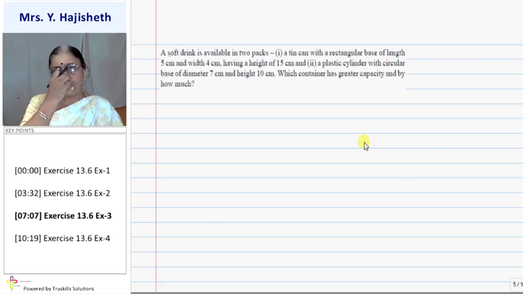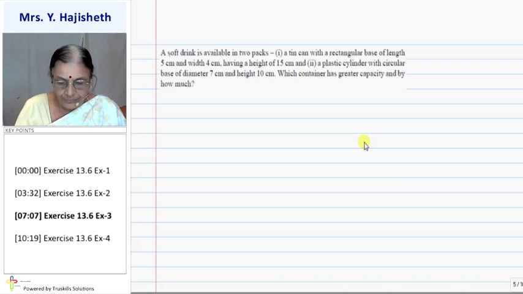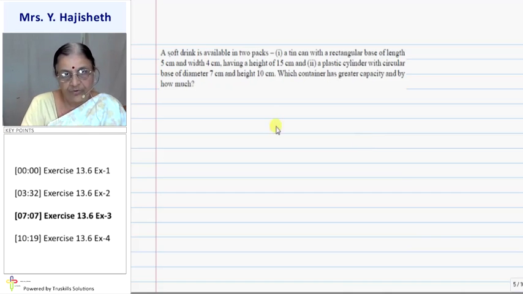मतलब we should find out volume of first container, that is cuboid, and volume of second container, that is cylindrical, and then we have to find out the difference of volume. So first we find out volume of first tin, and that is cuboid.